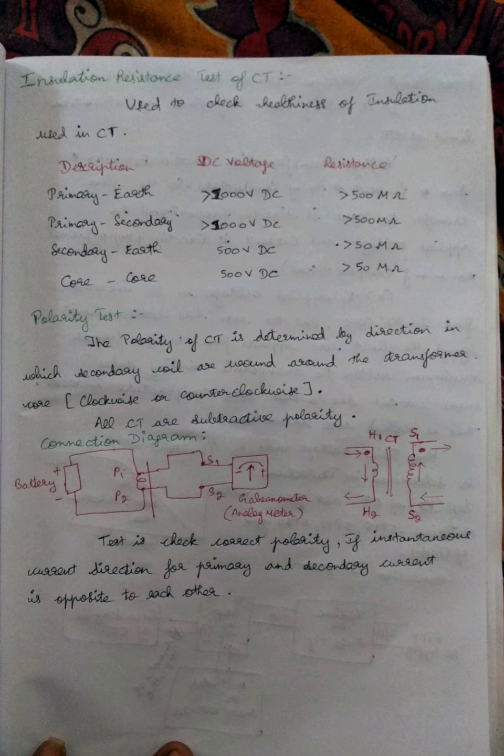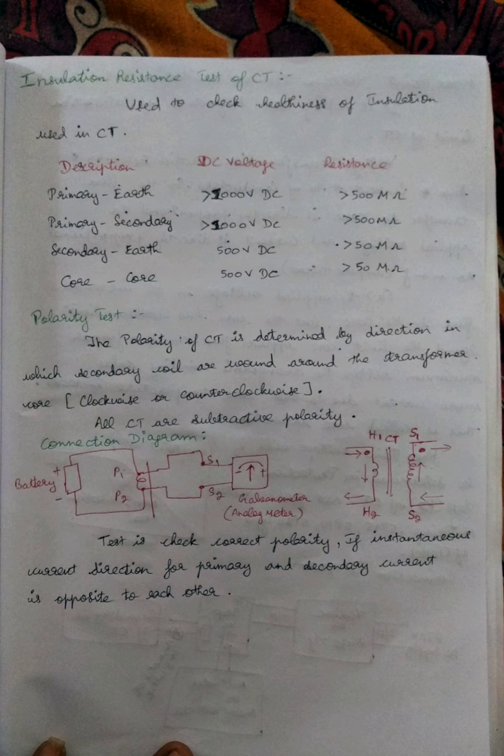For example, if the CT is used at a very low voltage level, then for insulation resistance testing we need to inject only a minimum amount of voltage. If we are going with a higher standard of CT and a higher voltage rating, then the injecting voltage is also increased.